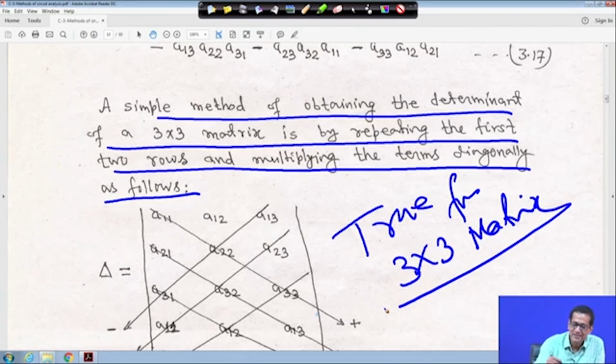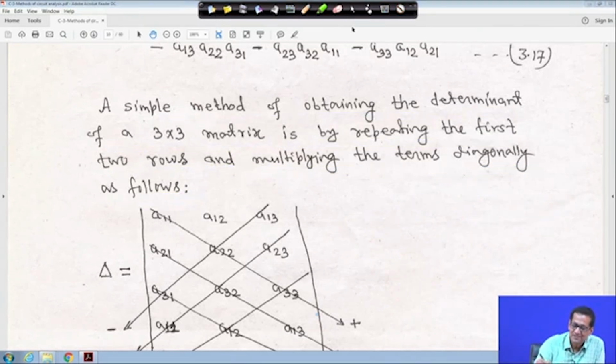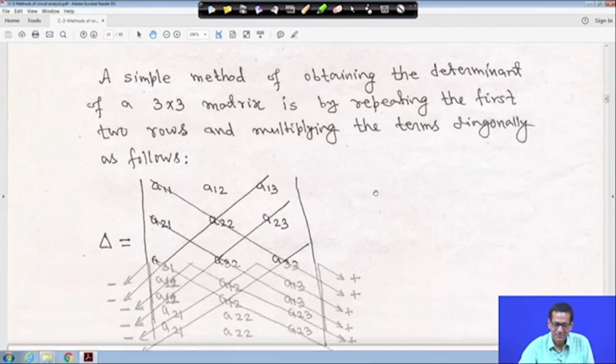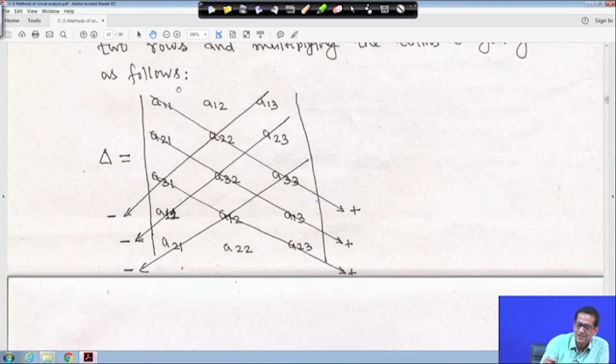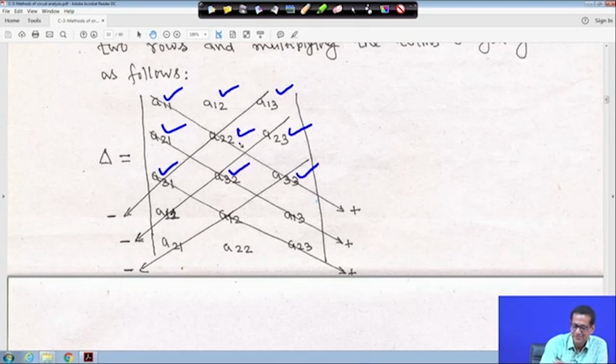So, let me clean it. What you do is very easy to understand. This is A11, A12, A13, A21, A22, A23, A31, A32, A33.